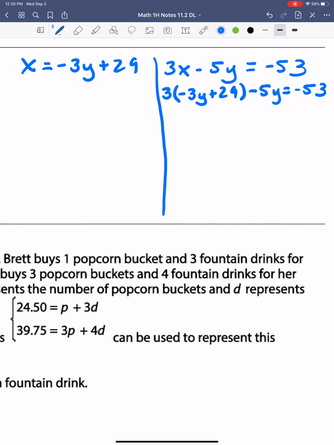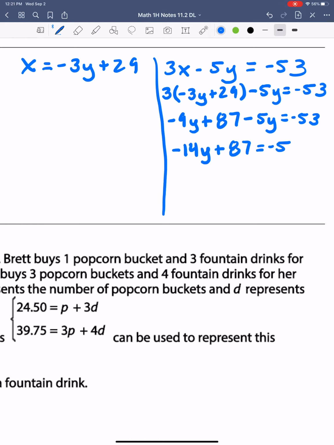Going to start with some distribution here, so I get -9y plus, okay, this is going to give me something pretty big here, so that's going to be, let's see, 87 minus 5y equals -53. Combine my like terms, that's going to be -14y plus 87 equals -53.